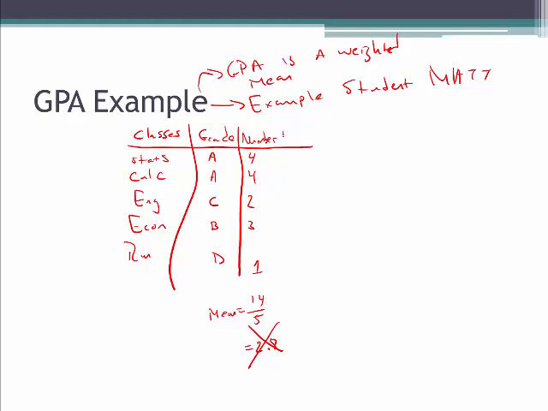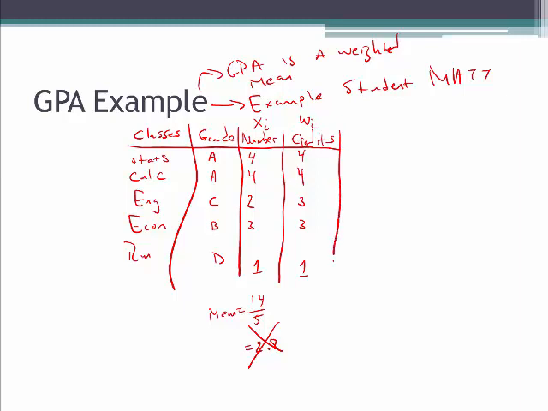Okay, so what did they weight your grades by? They actually do it by the credits of each class. So stats is a 4-credit class, calculus is a 4-credit class, English is a 3-credit, economics is a 3-credit, and running is a 1-credit.